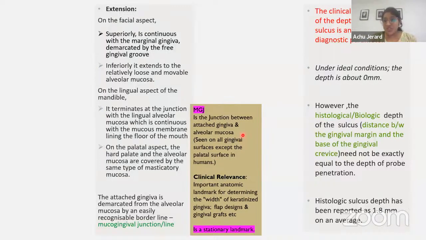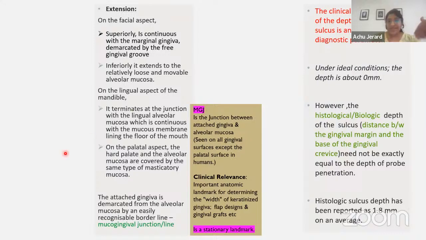It is depending on this landmark that the width of attached gingiva is determined, and it is depending on the width of attached gingiva that we determine if we have to proceed with a mucogingival surgery or not. That is the clinical significance of attached gingiva.